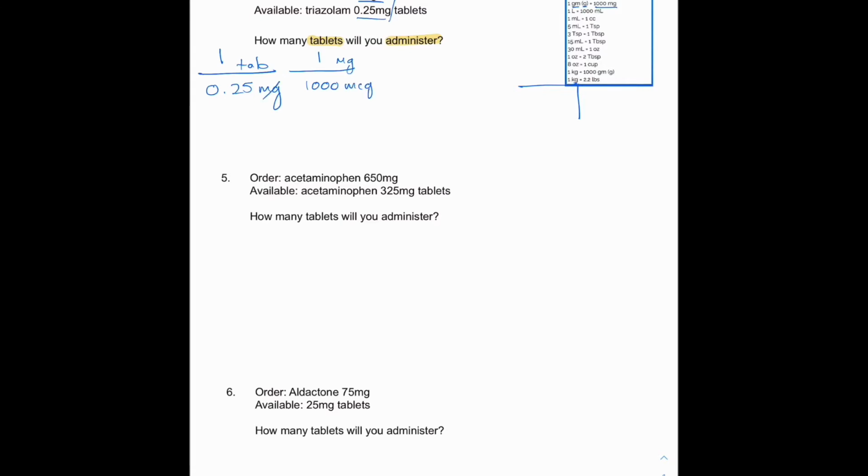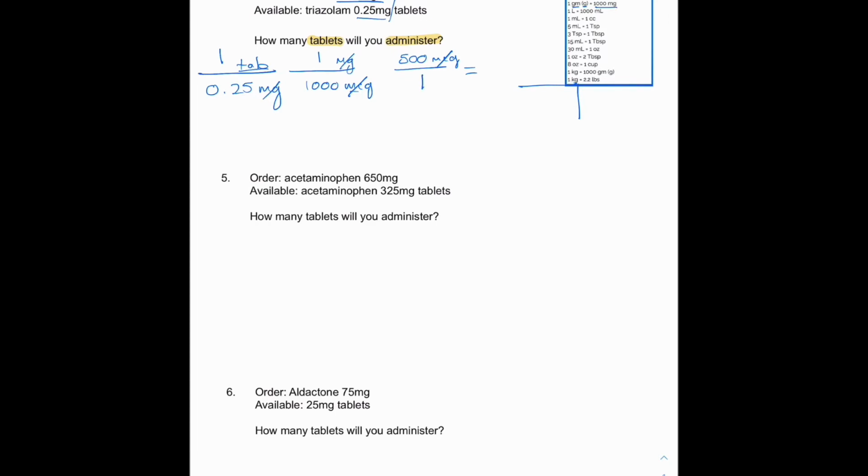The milligrams cancel. I've still got micrograms here, so that means it's time for me to pull in my order, which is 500 micrograms. So now those cancel. I'm left with just tabs on the top. Those are all canceled out. So now we get to multiply across.